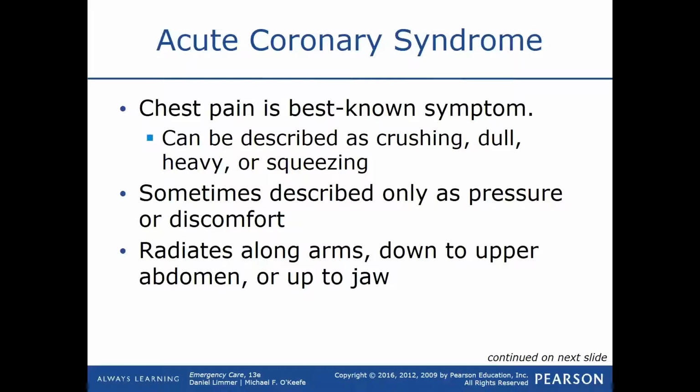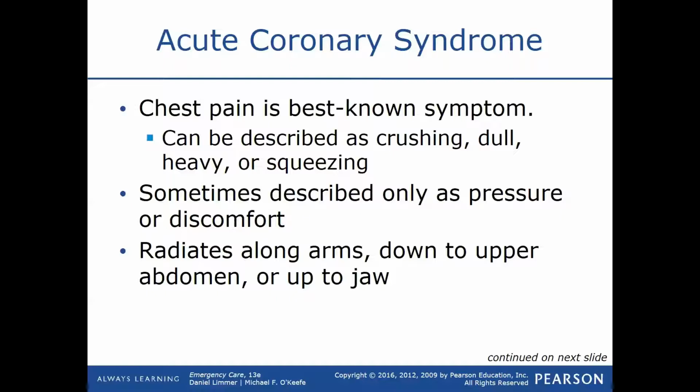So angina, chest pain is the best known symptom. These are terms you should want to write down. Under the first bullet, it says chest pain is the best known symptom, can be described as crushing, dull, heavy, or squeezing. These are your textbook definitions of the feeling a patient should have if they are having a heart attack.